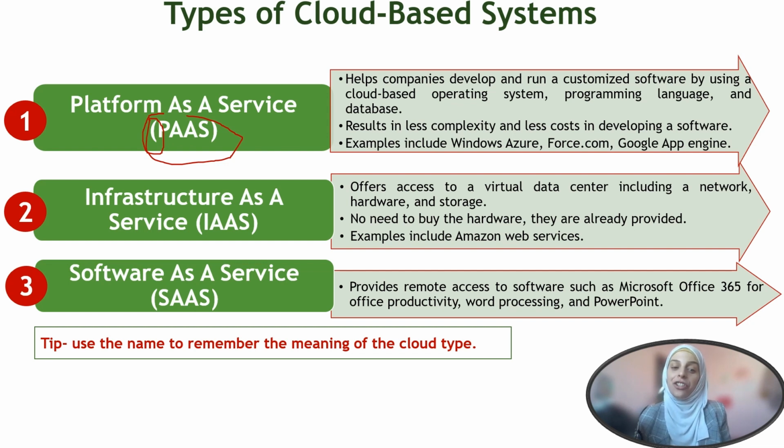When we say infrastructure as a service, IaaS, this means that this cloud service provider provides you with the infrastructure, with the hardware, with the network that you need for this service. When we say software as a service, SaaS, we mean that the service provider here is giving you the software that you need for productivity and for the service you want. So this is a small hint I wanted to give you about those.